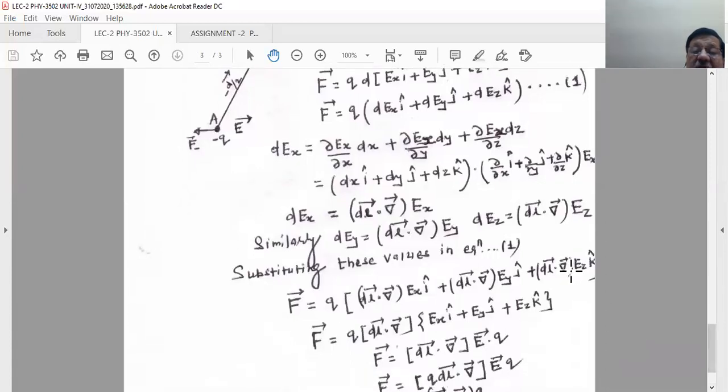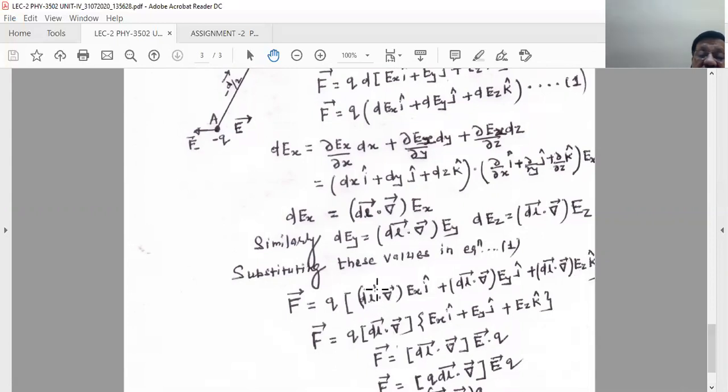I put the value of dEz, and so dEz is dl dot del into Ez, and you have vector k. Okay, so this q is already there, so I'm keeping it as it is.